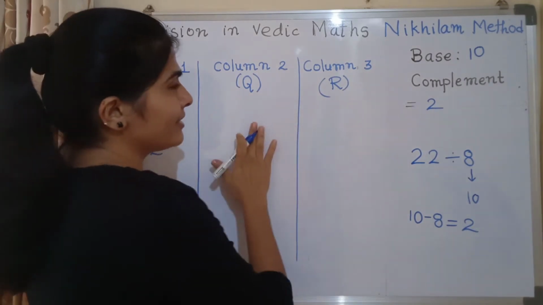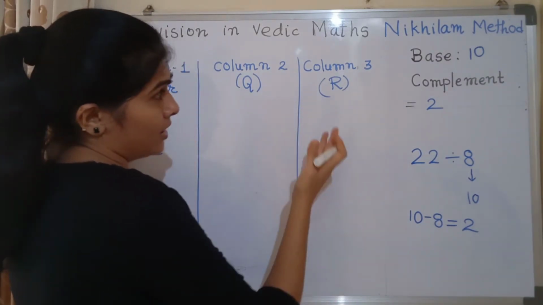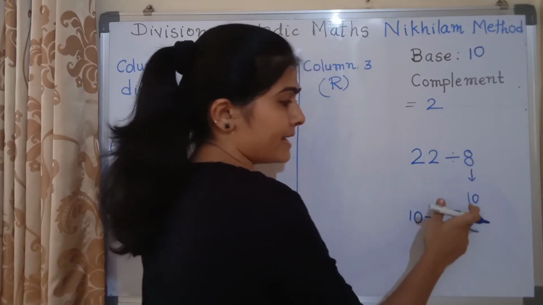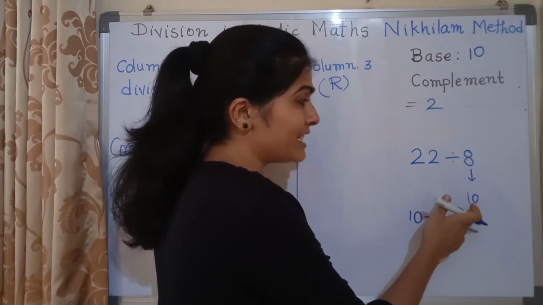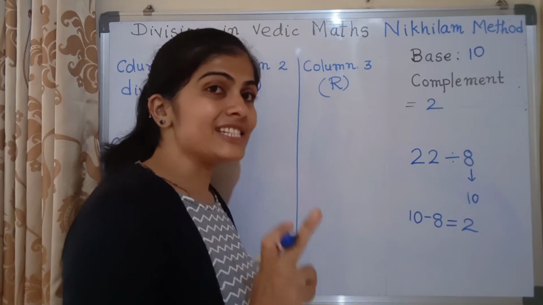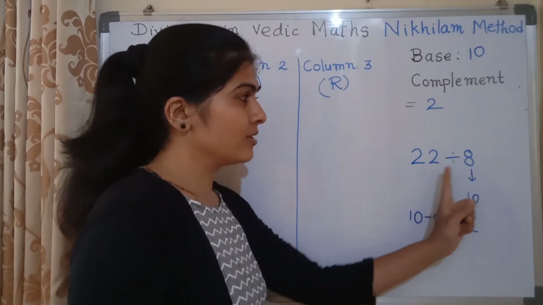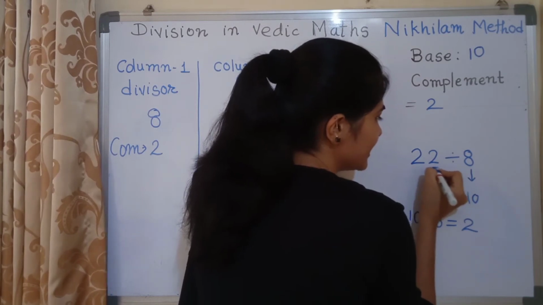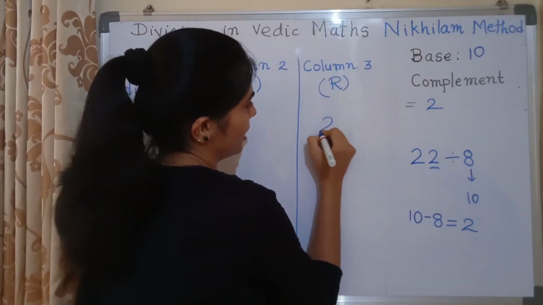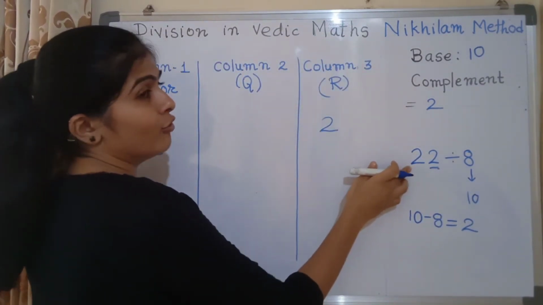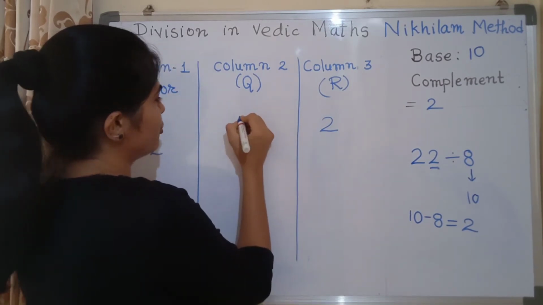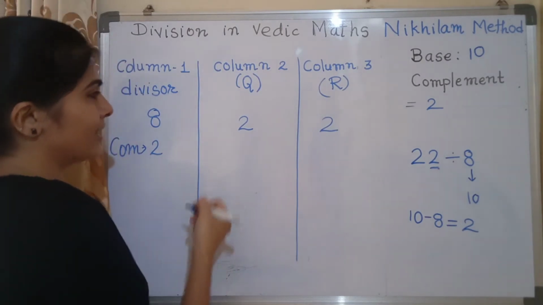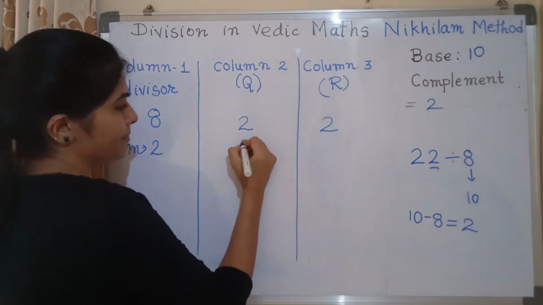Now how can we write the quotient and the third column, that is the remainder? What is the base? Base is 10, and how many zeros are there? There is just 1 zero in this base 10. So you can write down 1 digit in the remainder column, and whatever digits are left over should be written in the quotient column. Okay, understood?